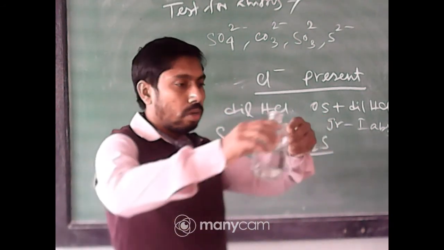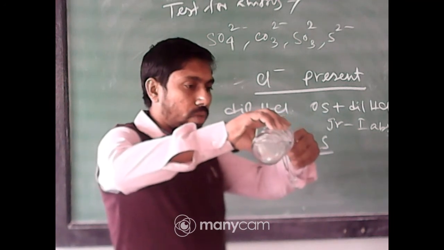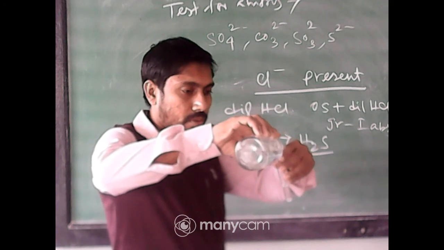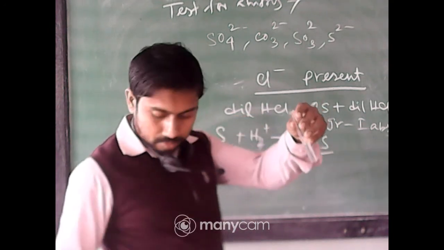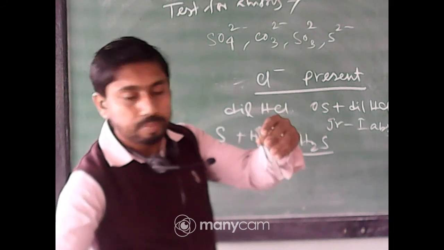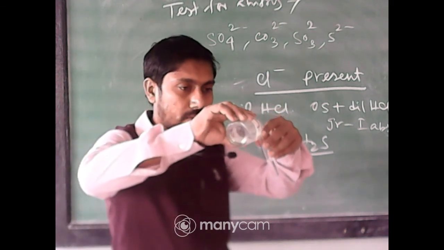Okay, so for group 3 I am going with NH4Cl. No PPT comes. Then for group 3, ammonium hydroxide.